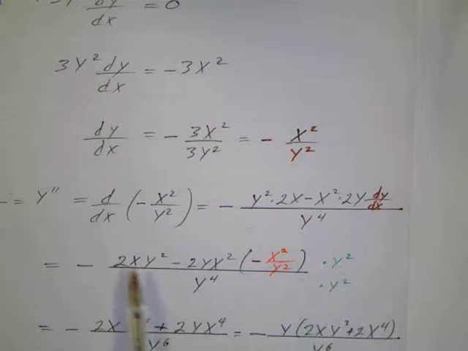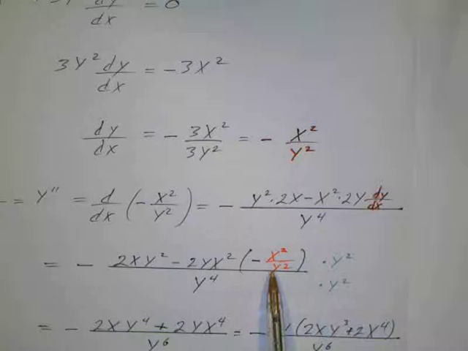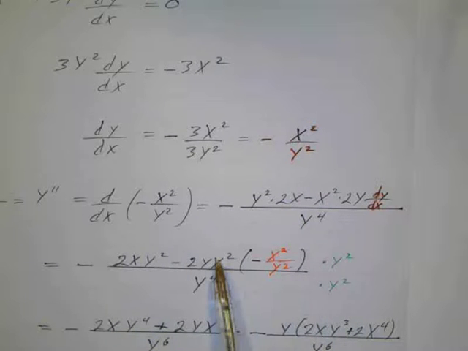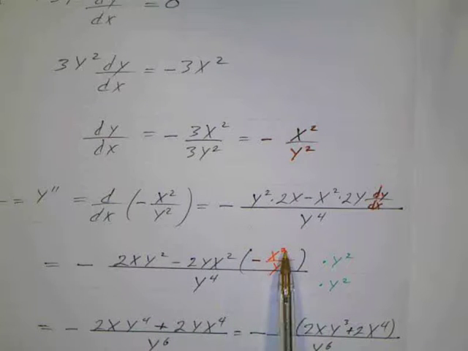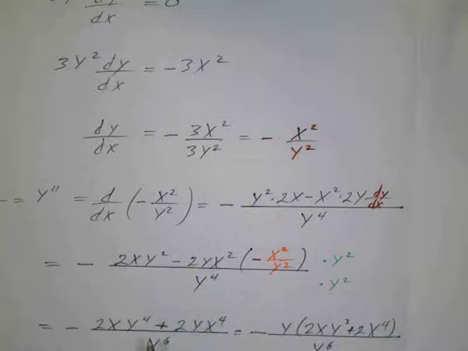So when I multiply y squared times this term, I get 2xy to the fourth. And when I multiply y squared times this, the y squareds cancel. So I've got x squared times x squared is x to the fourth. I've got a y, I've got a 2, and a negative times a negative changes that to a positive. So that's looking a little bit better.